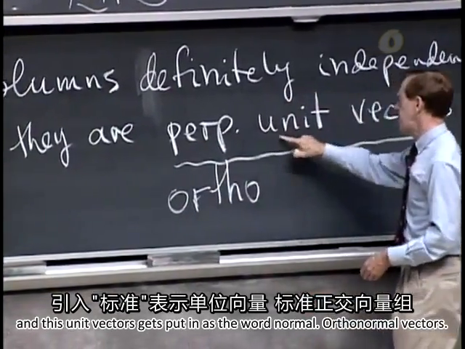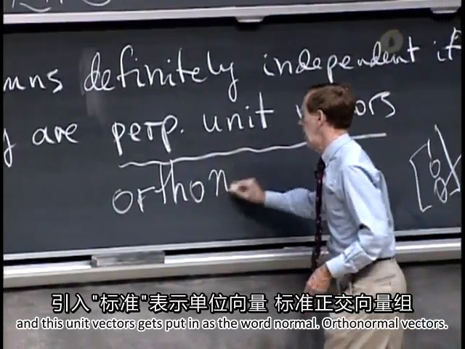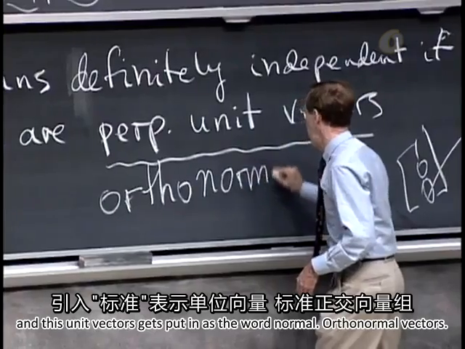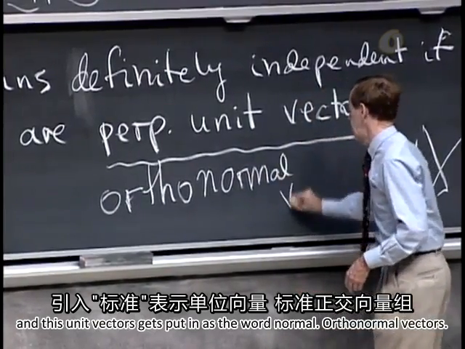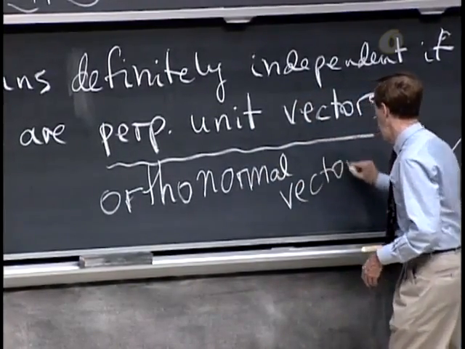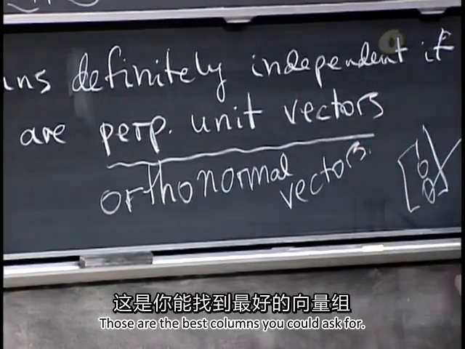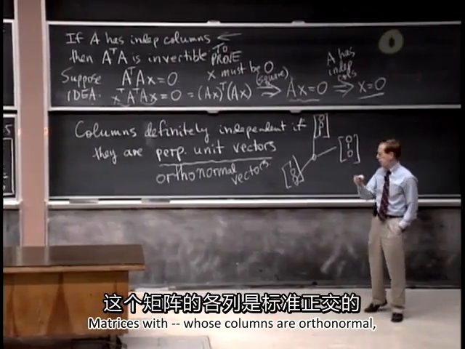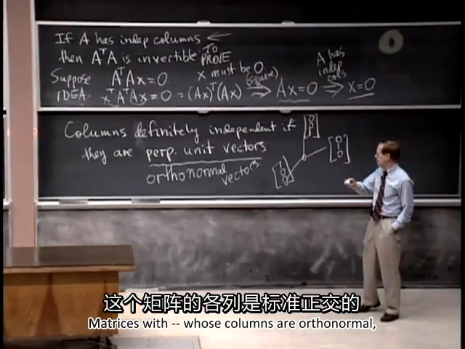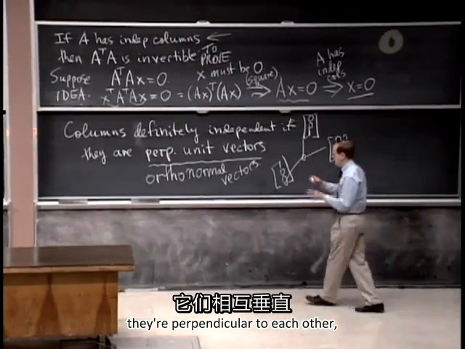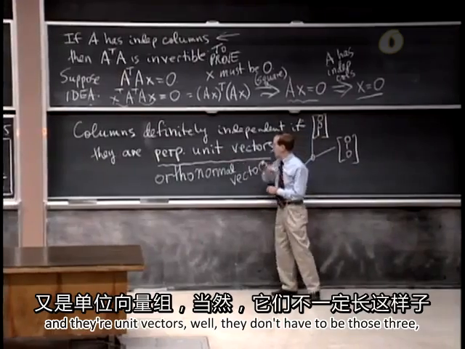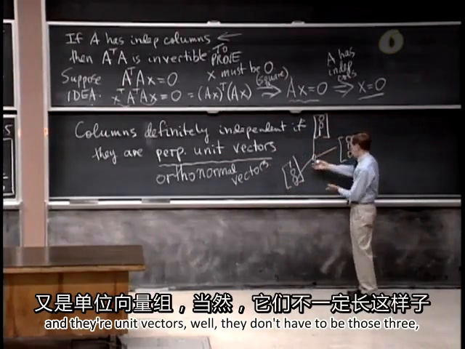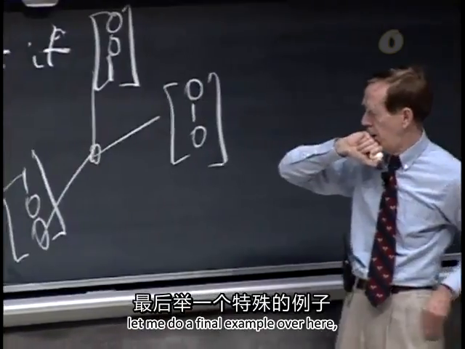Ortho, and unit vectors gets put in as the word "normal." Orthonormal vectors. Those are the best columns you could ask for. Matrices whose columns are orthonormal. They're perpendicular to each other, and they're unit vectors.